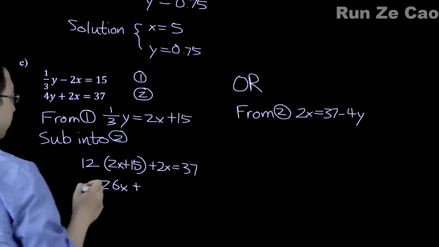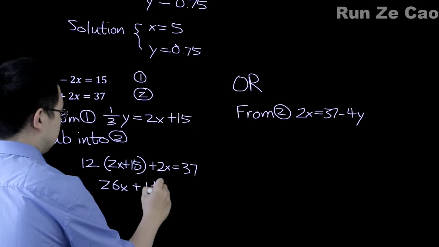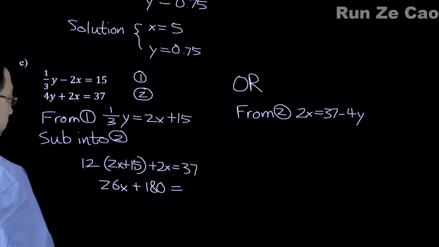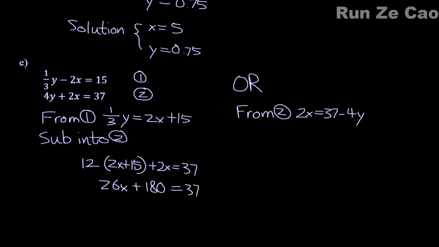Plus, well, 12 times 15 is 180. This is equal to 37.